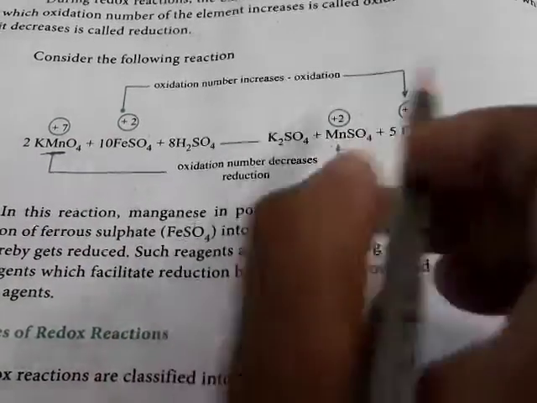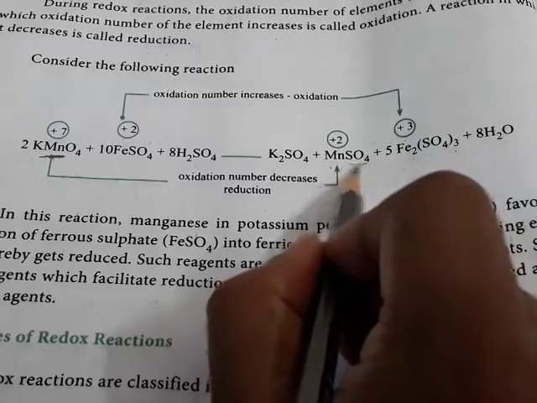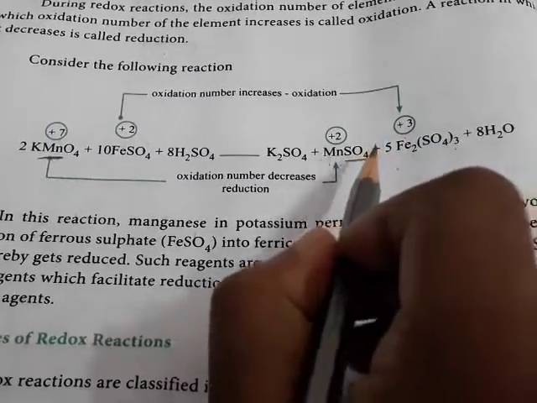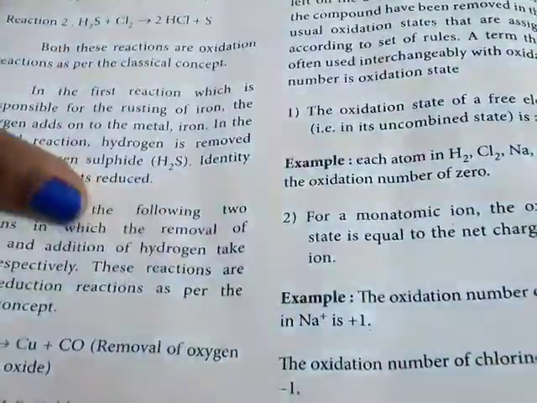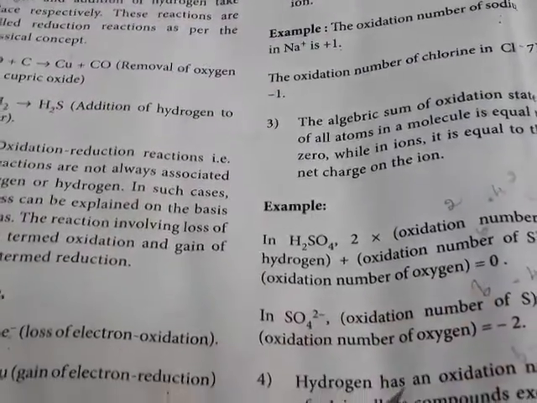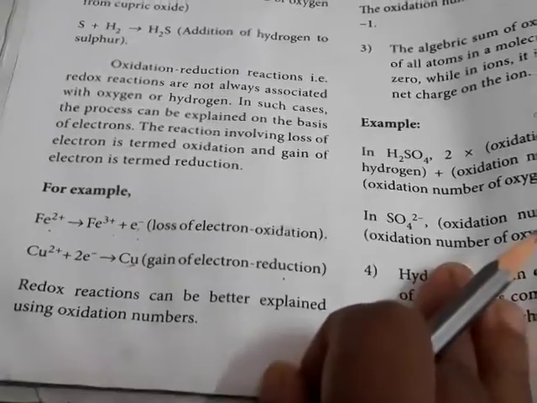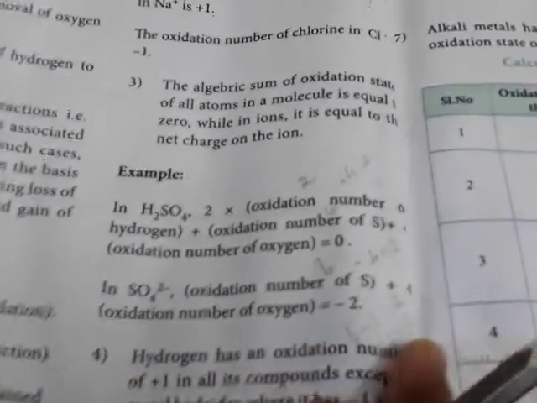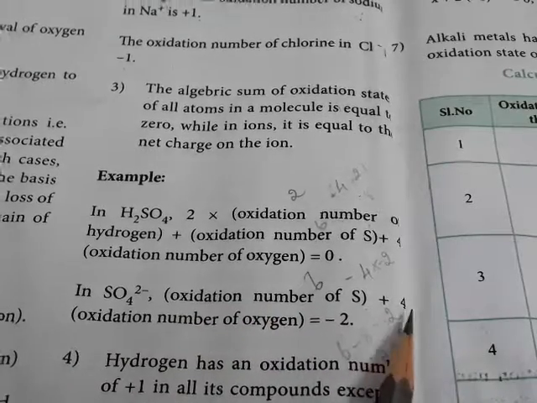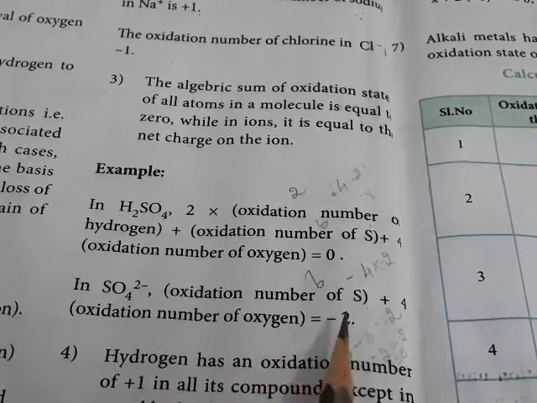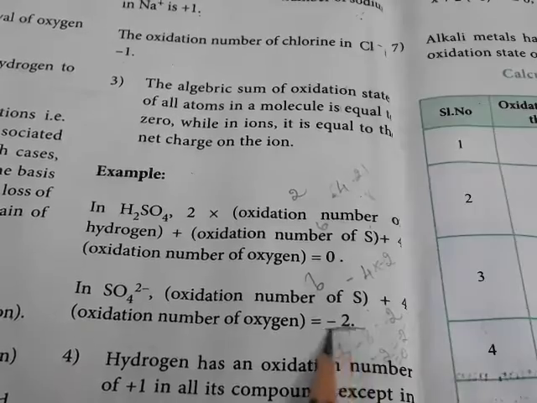Already you know the oxidation number of SO4 is always -2.